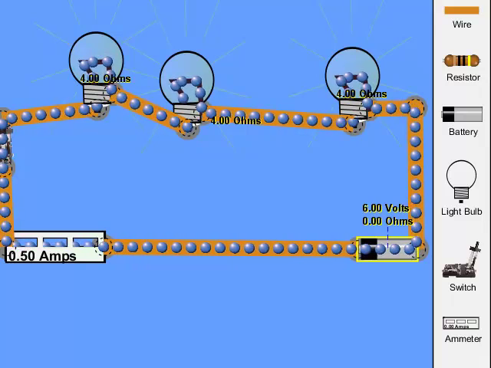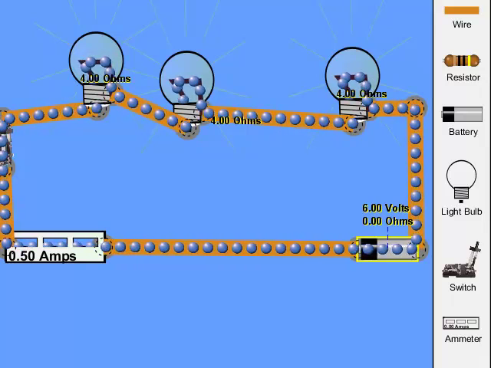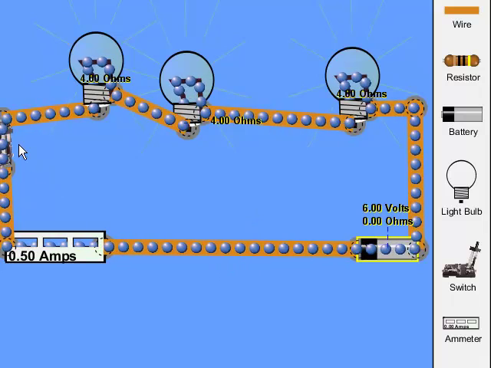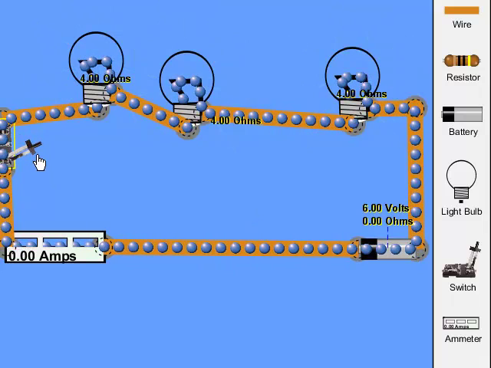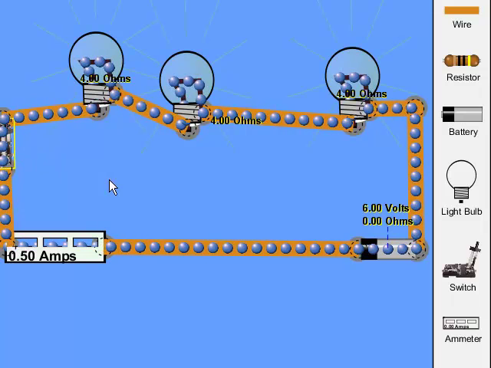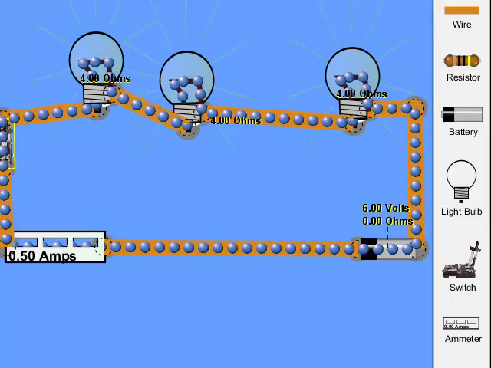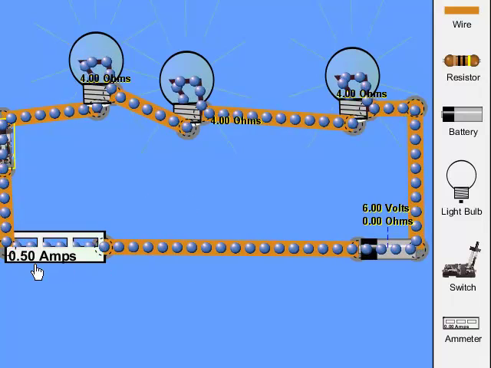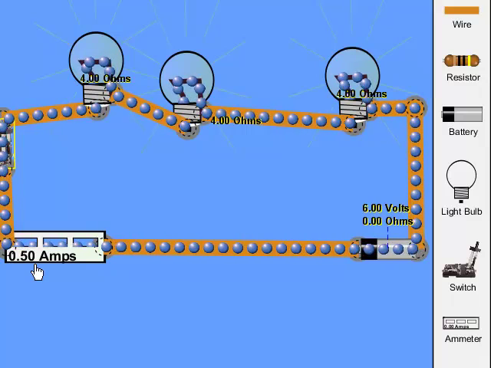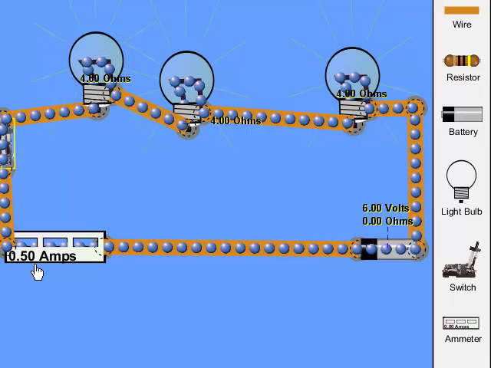So we're actually halfway down here. Let's see the total resistance. I'm going to turn this off here for just a moment. So each of these here has 4 ohms, and I come up with 6 volts and 0.5 amps, as we saw a moment ago. Well, if I use Ohm's law, then I would say 6 volts divided by 0.5 amps, which is 12 ohms, is the total resistance.